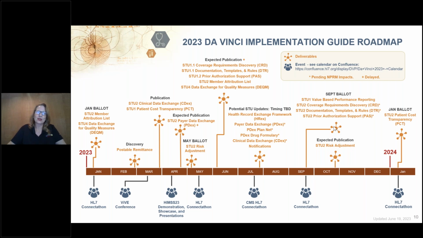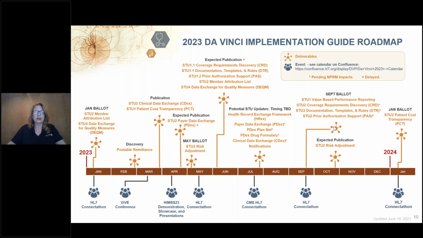As a part of the reconciliation process, the team will not only figure out the design aspects that they need to account for in the final publication, but they're also going to have to make a choice on publishing all of the implementation guides at once because of the interdependencies across the three guides, or to publish each IG when it's ready to go. So we're really talking about the burden reduction trifecta of coverage requirements discovery, documentation, templates, and rules, and prior authorization support when I talk about the burden reduction 3.